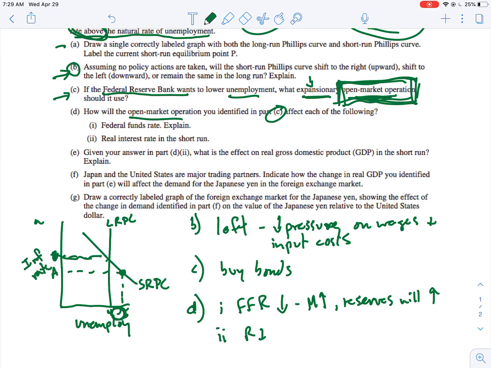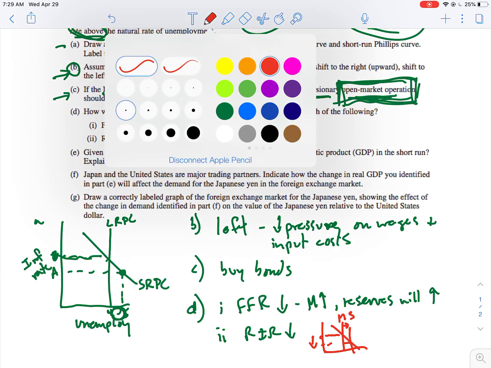The real interest rate will also go down. There's no explain there, so you don't have to. But for your purposes, you can remember, I'll even change the color so you know this isn't mandatory: you've got your money supply, money demand. If you increase money supply by moving it to the right, then your real interest rate is going to fall. And buying bonds, of course, increases the money supply.